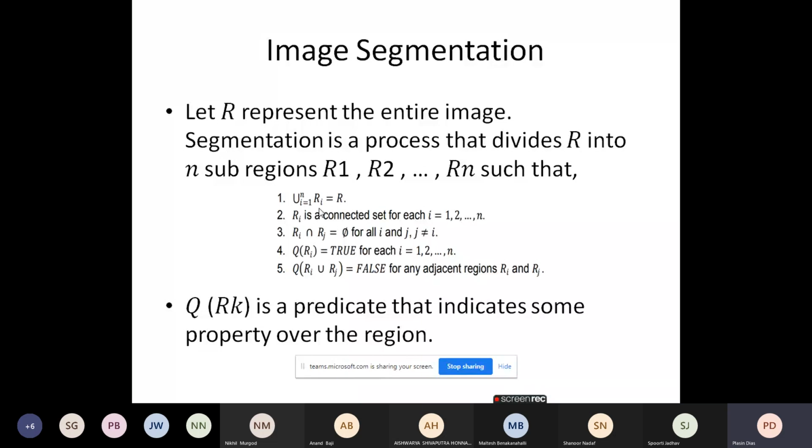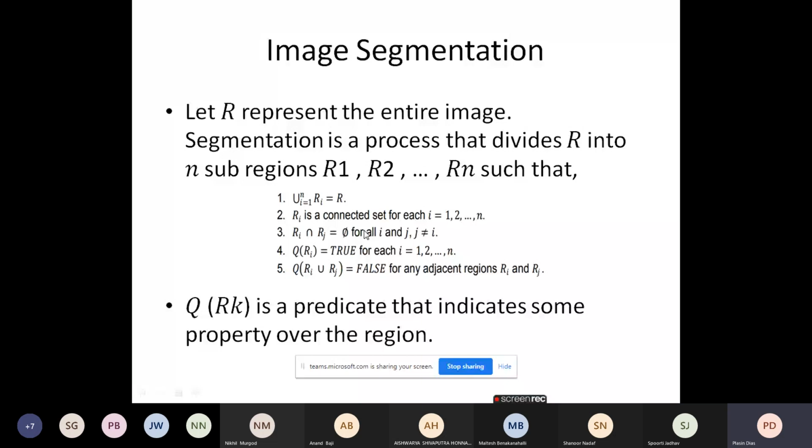So second condition requires that points in a region be connected in some predefined sense. When we say connected set, it means the points in a region should be connected in some predefined sense.